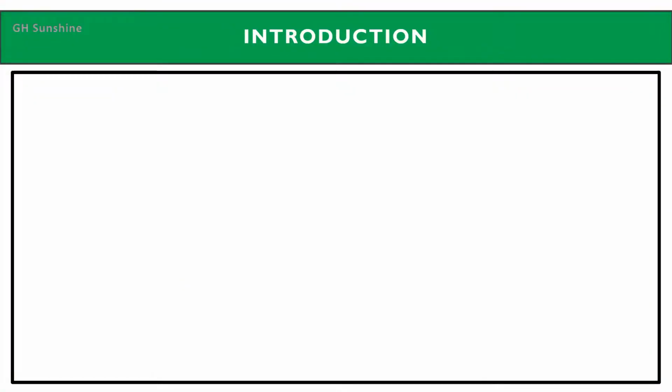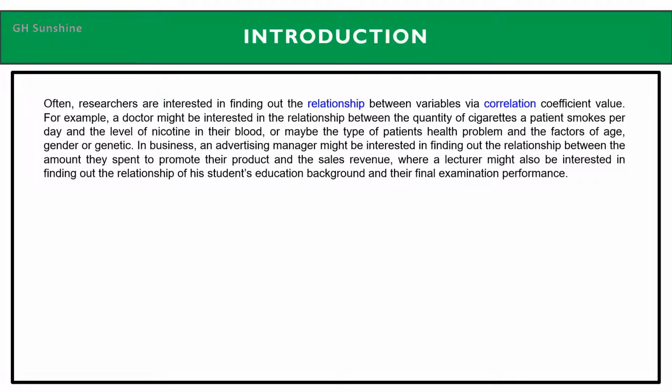Let's look at the introduction. The researchers are interested in finding out the relationship between the variables. They will use the correlation coefficient value to determine the significant relationship between the independent variable and dependent variable. For example, a doctor might be interested in the relationship between the quantity of cigarettes a patient smokes per day and the level of nicotine in their blood. Which one is independent?